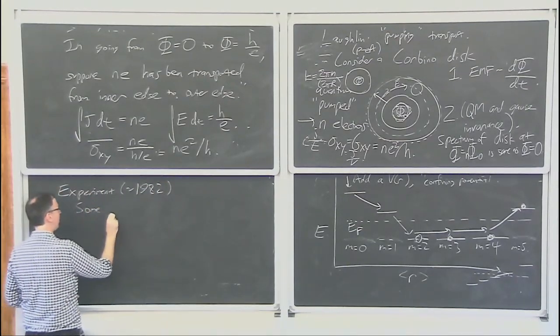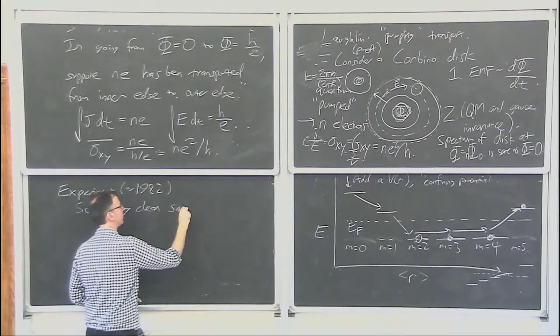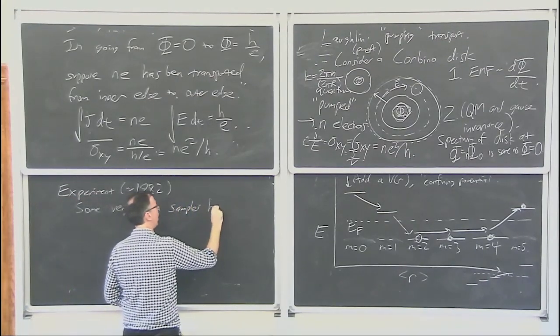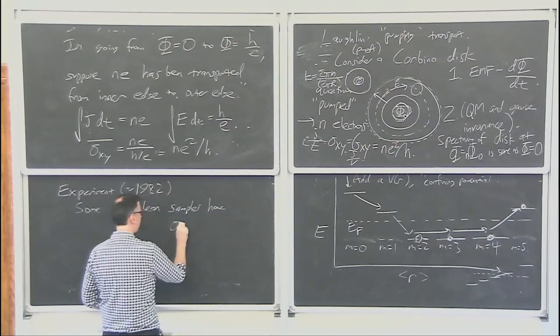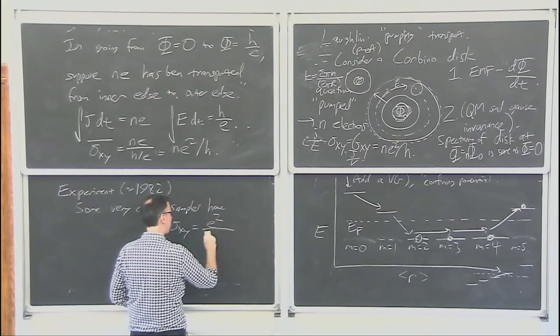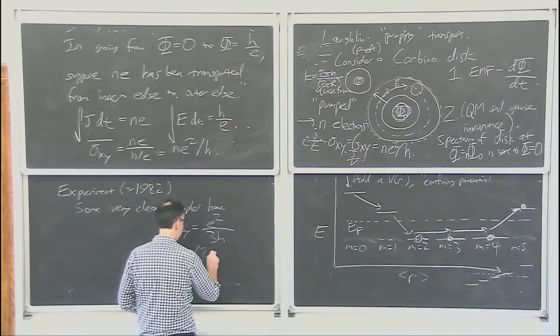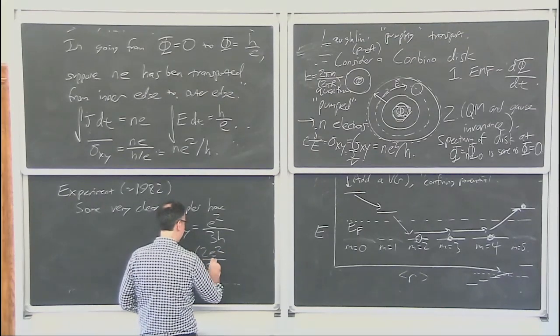Some very clean samples have sigma xy equal to, say, e squared over 3h, and some others. You also see 2e squared over 5h.